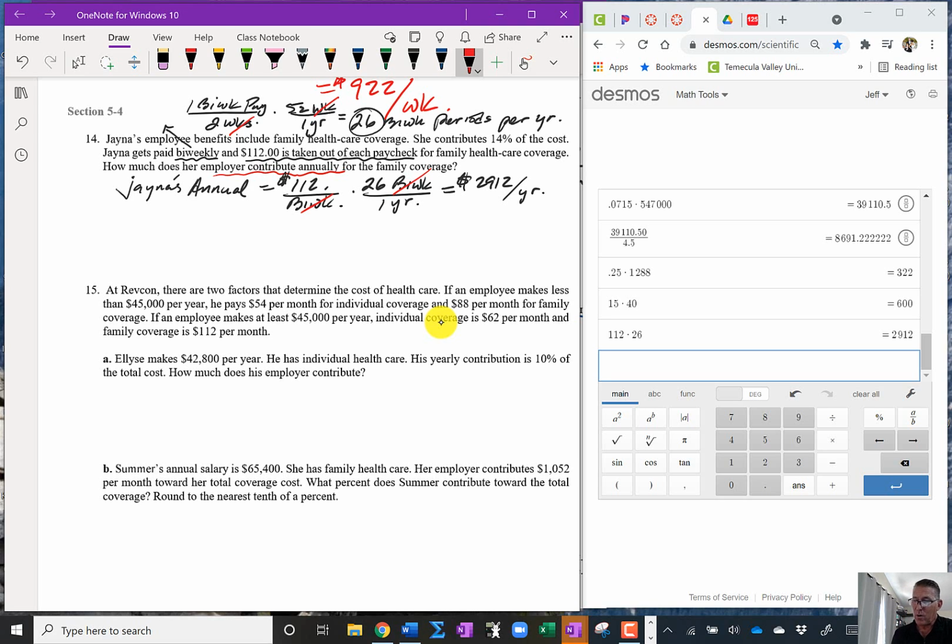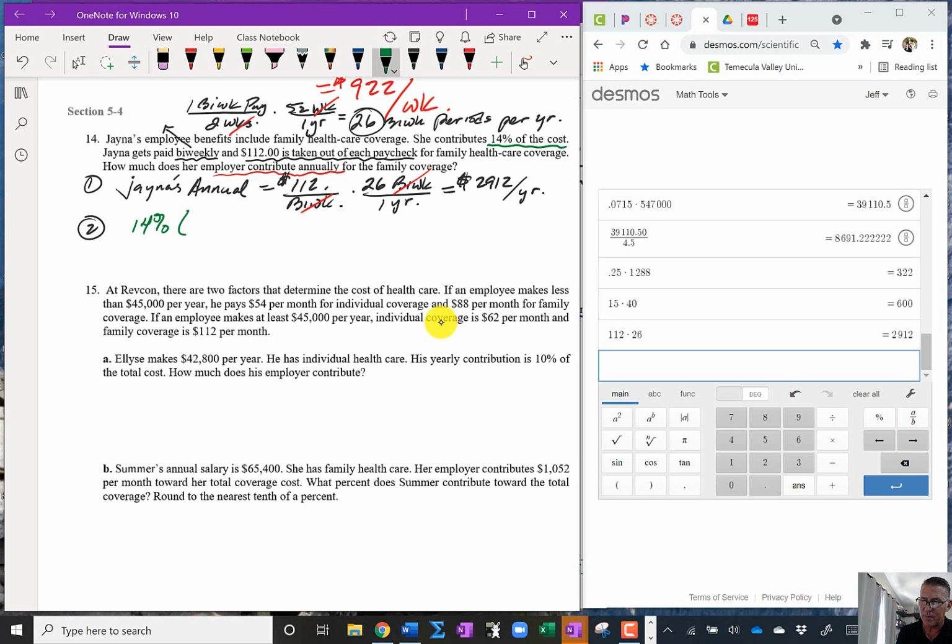We know that 14% of the total cost is $2,912, because we just calculated that. Let's call X the total cost. If we know the total cost, then we can figure out what the employer pays, because this total cost is going to be much bigger than $2,912. I can guarantee you that.